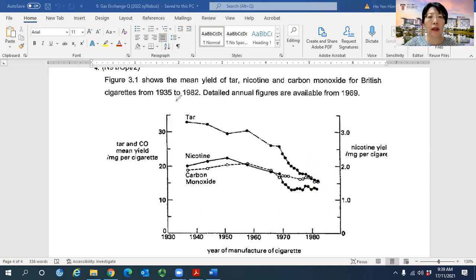And also take note that in this particular question, we have got 2 y-axes, the one on the left and the one on the right. So therefore, when you are reading for tar and carbon monoxide, you have to read this y-axis. But when you're reading nicotine yield, you need to read from the y-axis on the right side. So that is the catch that you need to be careful of.